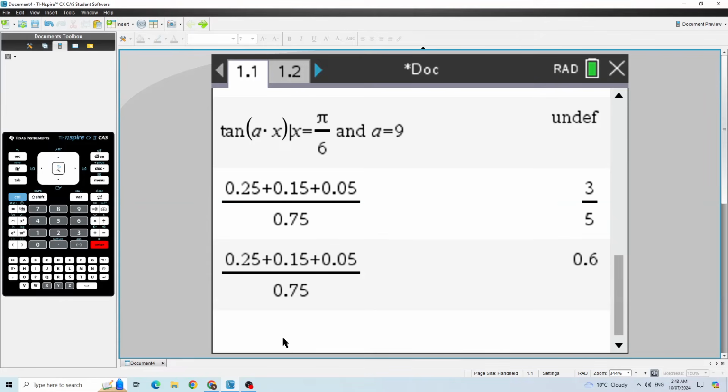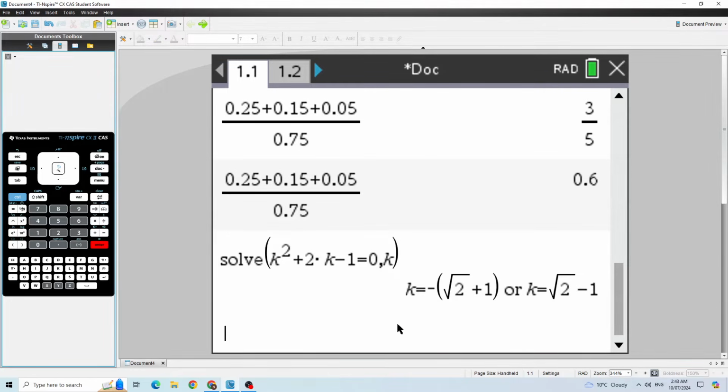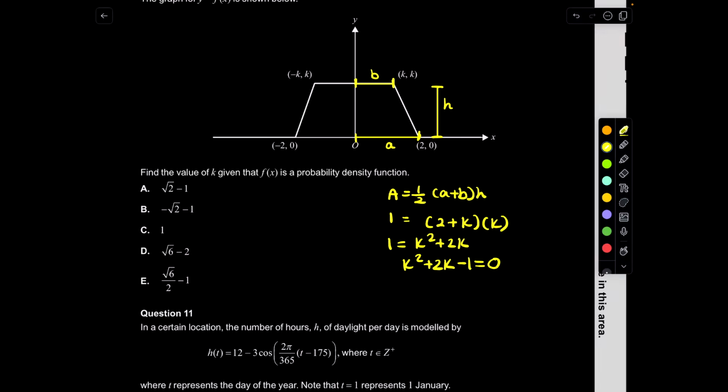So let's use our CAS to solve this. Solve k squared plus 2k minus 1 equals 0, comma k. And so these are our two solutions. Let's write those down. k equals negative root 2 minus 1, and k equals root 2 minus 1. This here is negative, and we know k cannot be negative.